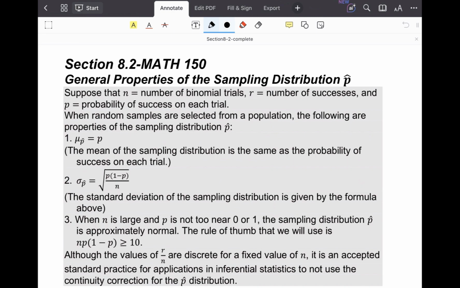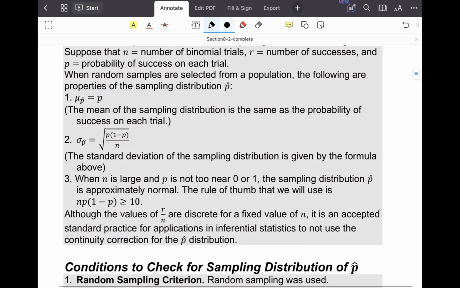And if we're looking at the sampling distribution, the mean of it is equal to the probability of success, that P. The standard deviation of it is equal to a big square root, and then within there, P times 1 minus P divided by N. So it still has that adjustment of this division by the square root of N that we saw in the sampling distribution of the sample mean.